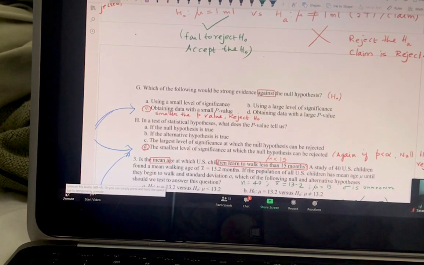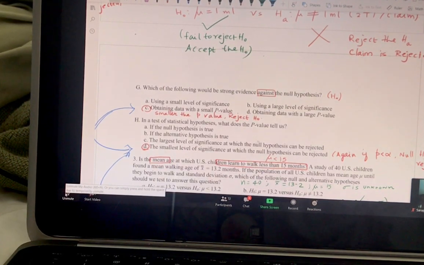No. Using a larger level of significance? No. Obtaining the data with a smaller p-value, you have strong evidence to reject the null hypothesis. That's what the conclusion part in your recipe says. Smaller the p-value, you reject your null hypothesis. So that is the most appropriate one. Okay, so in that way, these are all the incorrect.